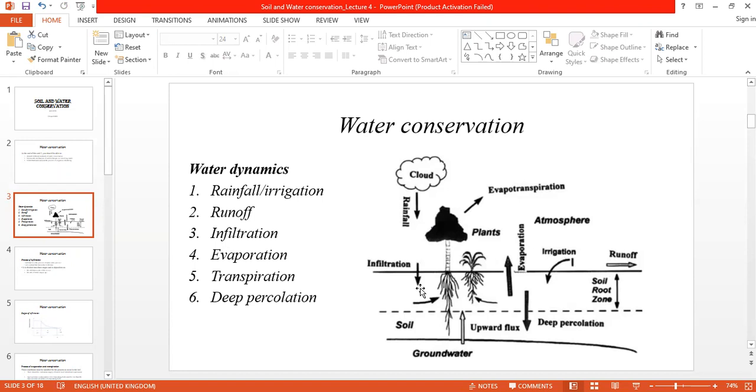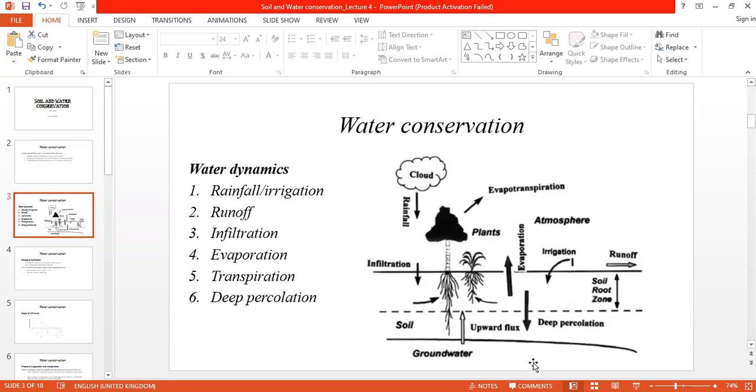Then out of that which goes into the soil, part of it is taken up by the plants and is transpired back to the atmosphere. Then part of it is lost through evaporation into the atmosphere, but part of it is lost to deep drainage or deep percolation.